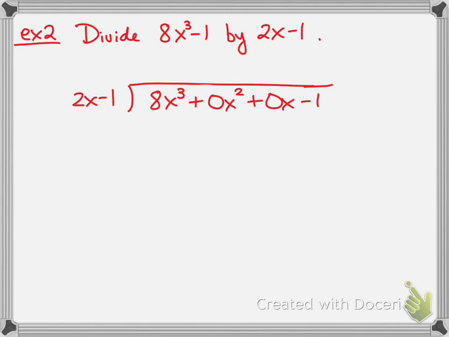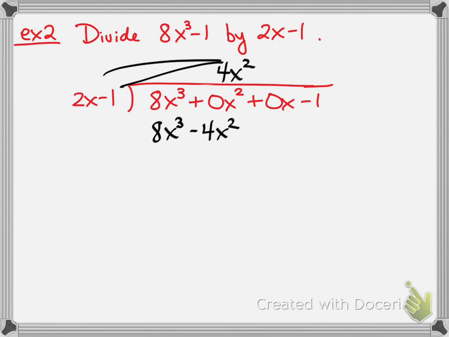Okay, so all we'll do is, what do we multiply 2x by to get 8x to the third? 4x squared, multiply, draw the line, change the signs, this always cancels, add 0 and 4, bring down your next 0. It seems silly, but it helps everything to stay lined up.